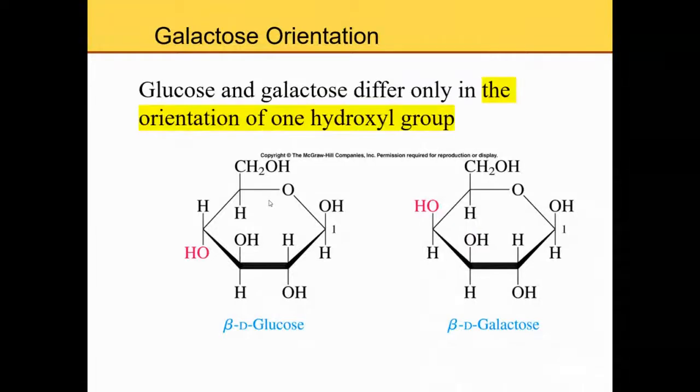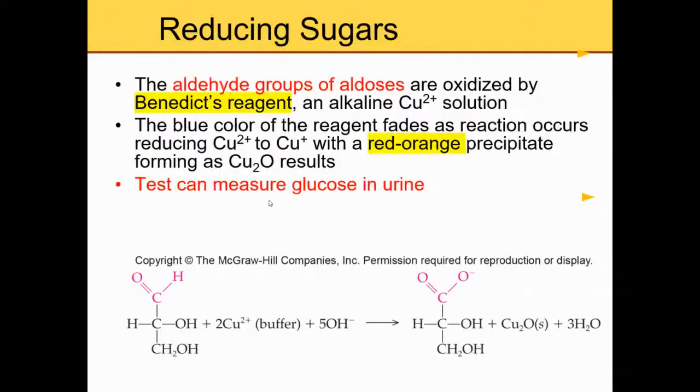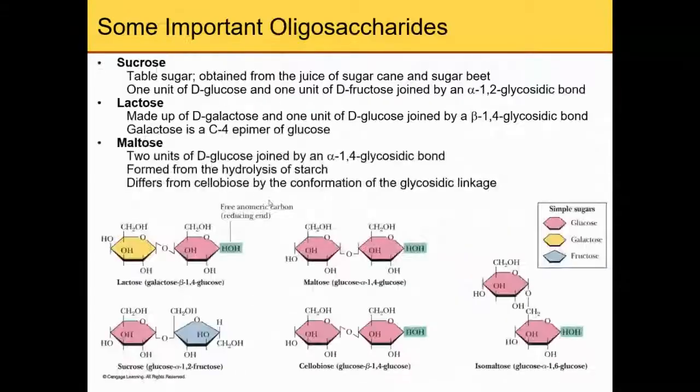Now we will discuss these: sucrose, lactose, maltose. They give you this linkage, all right? So for lactose, we have beta 1,4 glycosidic bond.